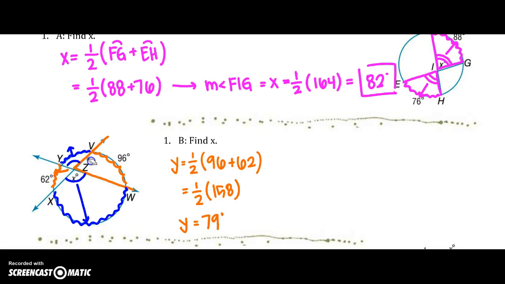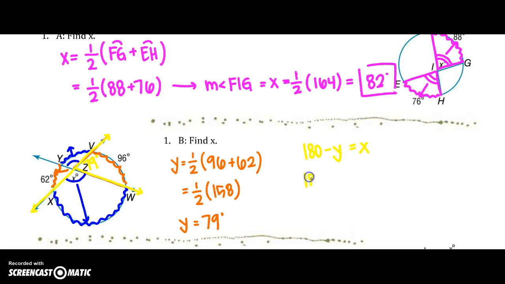Alright, so here is y, let's call this 79 degrees. Our secant here is actually a straight line, which would be 180 degrees. So if I have half of it, I can take 180 minus y to equal x.